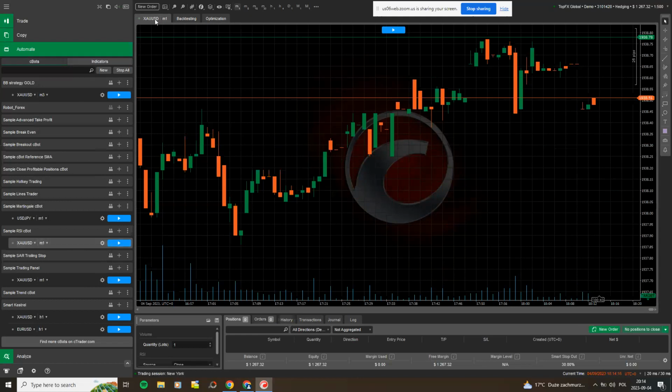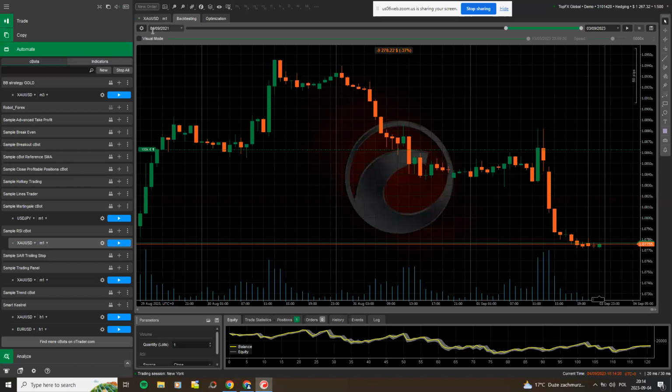Now let's play with the backtesting settings. This is a 2-year period, and we don't need a 2-year period. Let's go to January 2022, the 1-year period, up to September 2022, and we will play with the lot size.